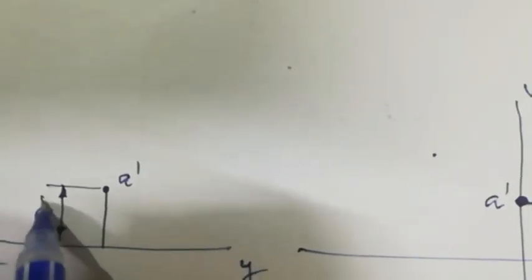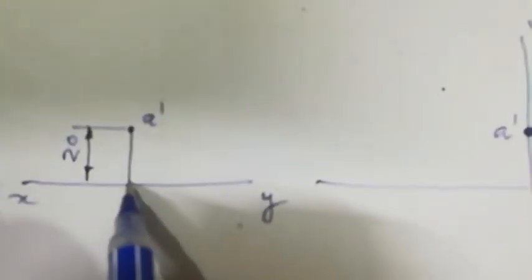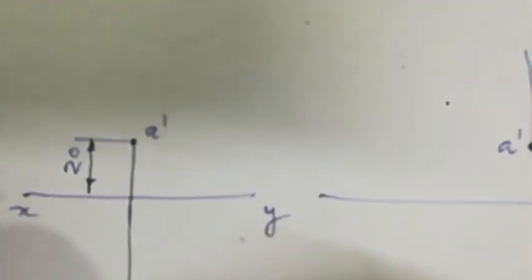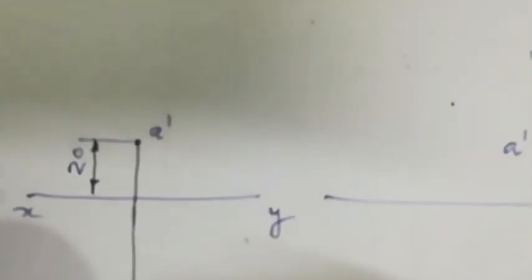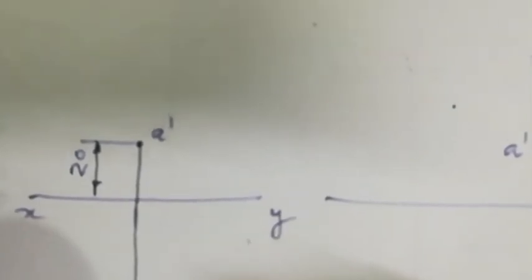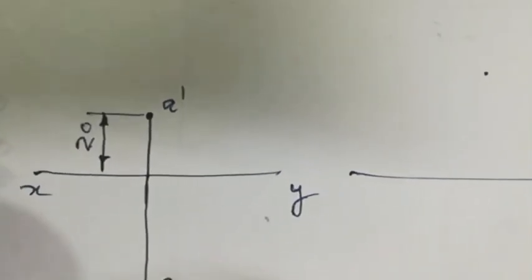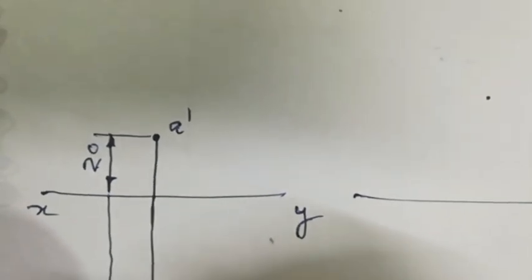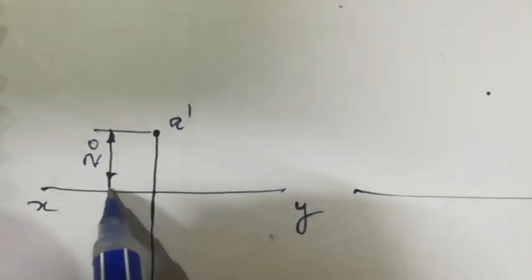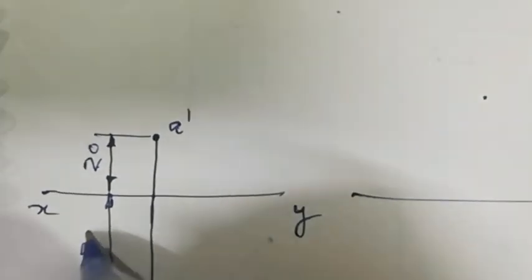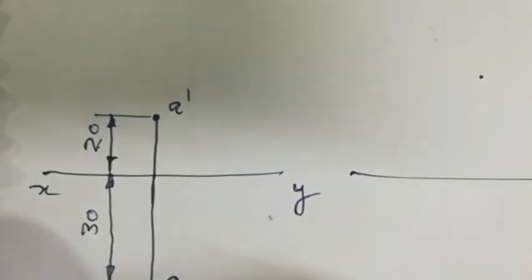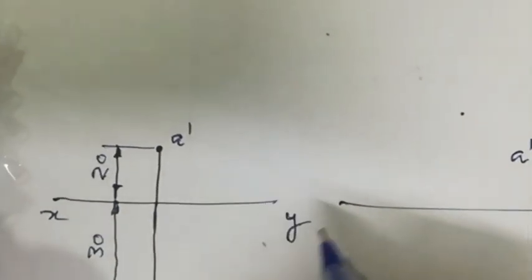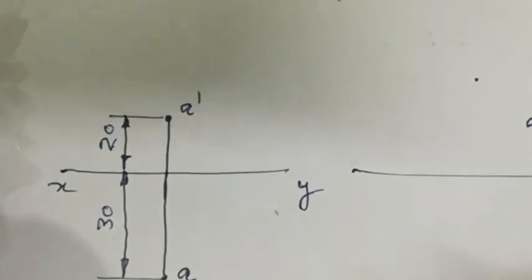It is 20, and the top view has to be 30 mm below, so that is small a, and that again has to be dimensioned. This is the dimension line, termination. This is the 30 dimension. This is the projection line. This is the answer for the problem.